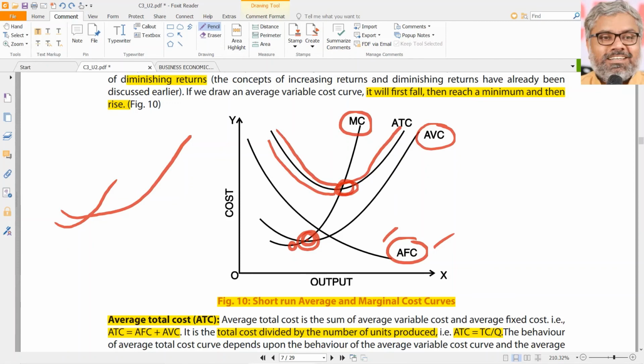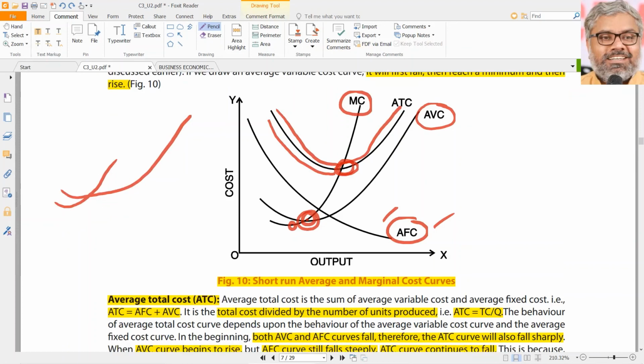Average fixed cost is always going downwards, and average variable cost initially goes down and later increases. Marginal cost also initially goes down and later increases. Average total cost also goes down initially and later increases.